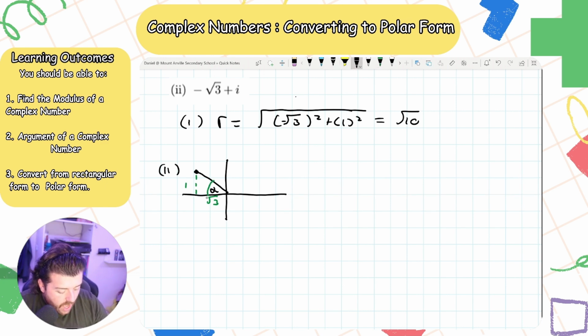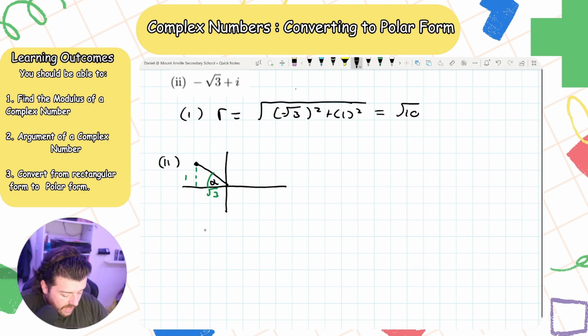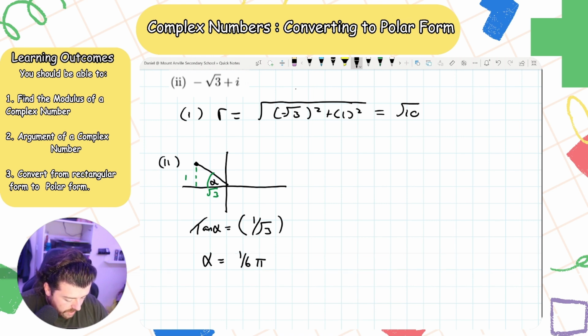The reason why I said root 3 and not minus root 3 is because we can't have negative lengths on triangles. So let's do this now. It's going to be tan theta is equal to 1 over root 3. Theta is equal to tan inverse 1 over root 3. Boom. That is going to be equal to 1/6 pi.